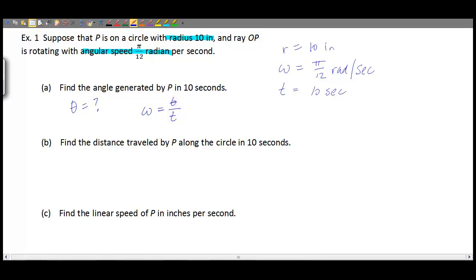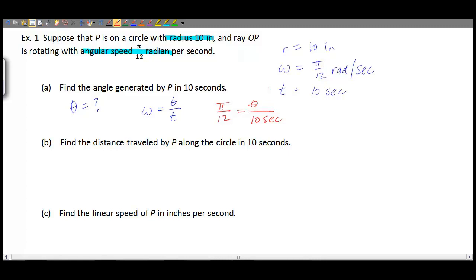Now we just replace our known values. So W, pi over 12, equals theta over time, which is 10 seconds. There's a couple of different ways we can solve this. The easiest is to just cross multiply.